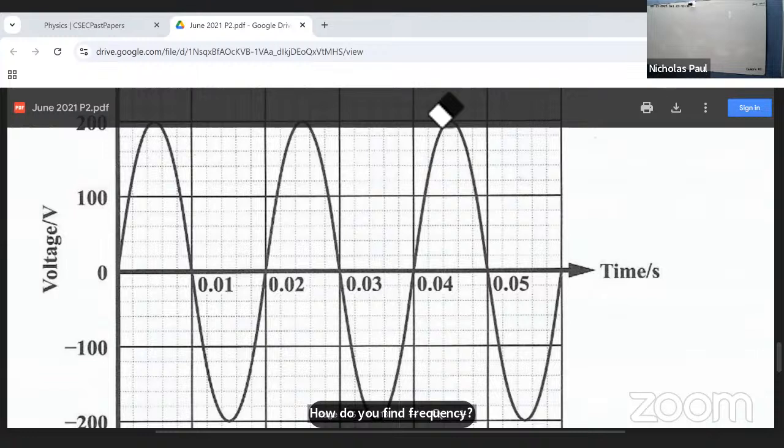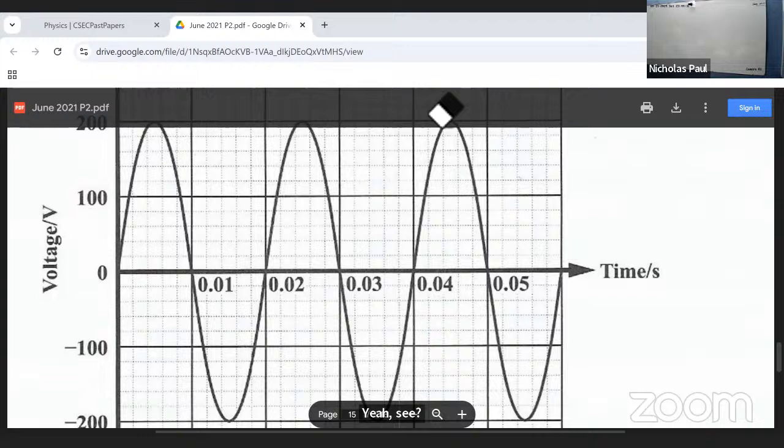Frequency is equal to what? 1 over... How do we find frequency? 1 over the period.